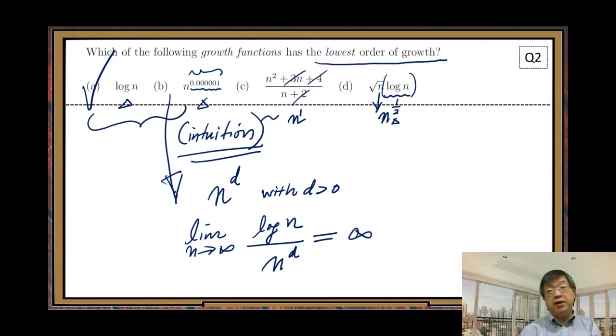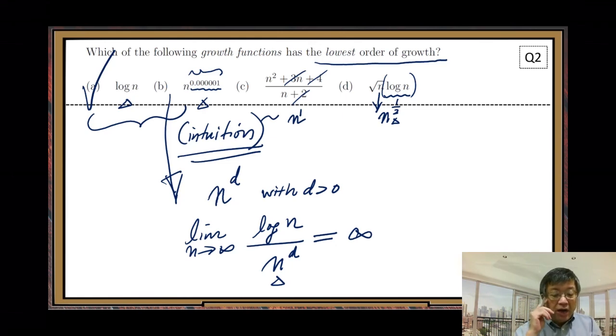So that means the numerator has lower order of growth than that of the denominator, the power function.